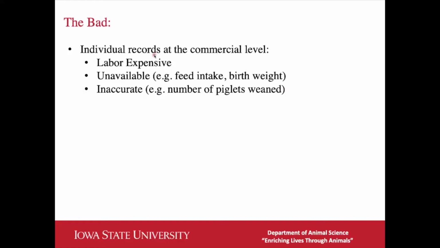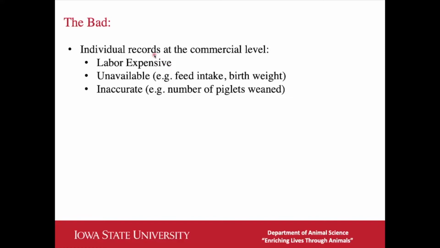Working with a pen measurement or just a farm measurement doesn't tell us anything because we actually need to know what each animal is producing and what is the genetic makeup of that individual. But to collect individual records is somewhat labor expensive. Many of the traits are not available. Collecting individual feed intake at the commercial level is very, very rare.